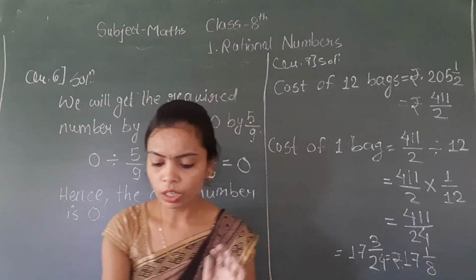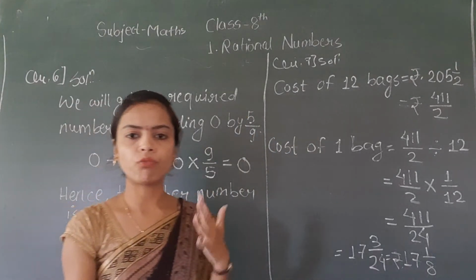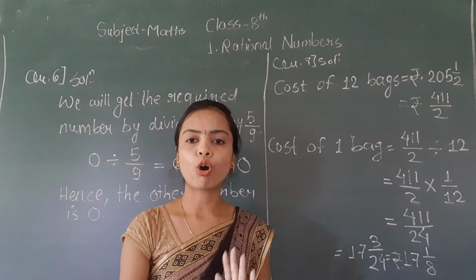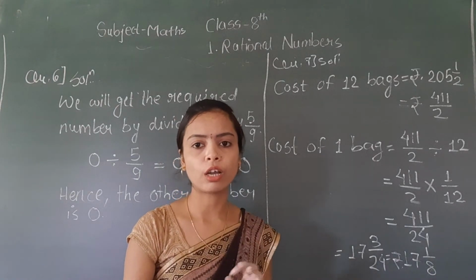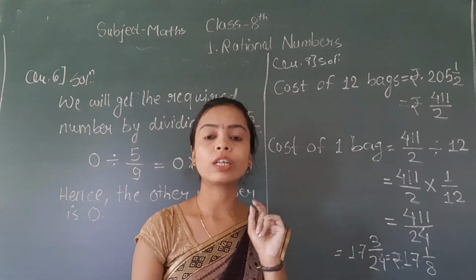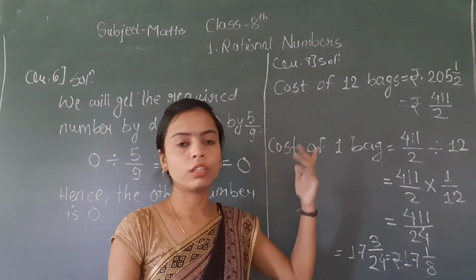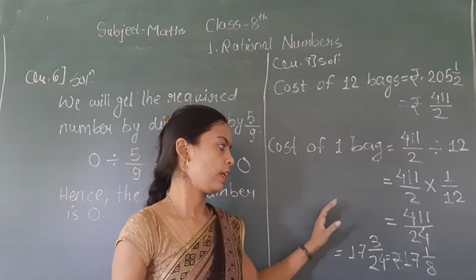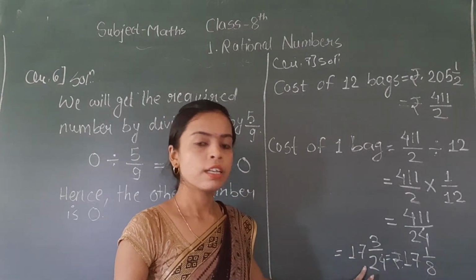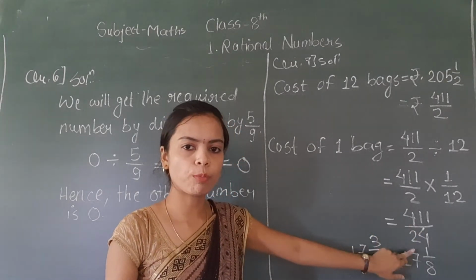In question number 7, if the cost of more than one thing is given and you have to find the cost of one thing or one unit, just divide the given value by the number given and you will get your answer. In this question your answer is 17 3 upon 24, क्योंकि आपका आंसर आया था 411 upon 24.